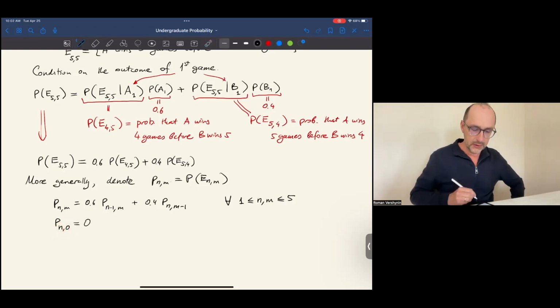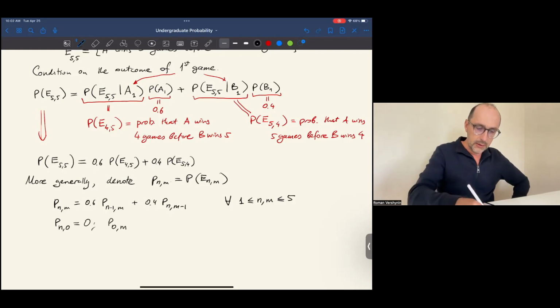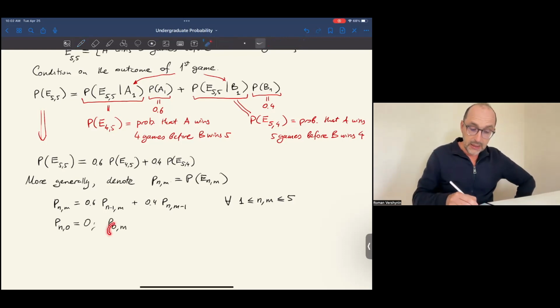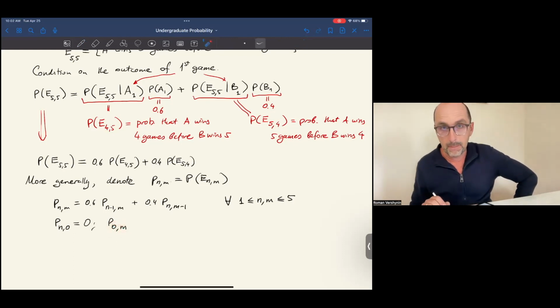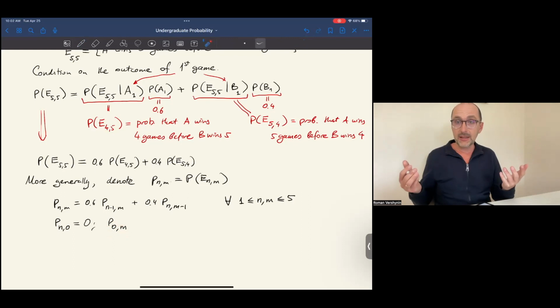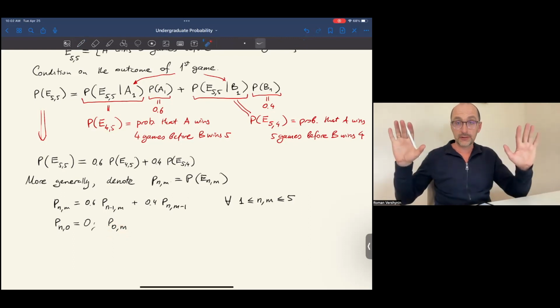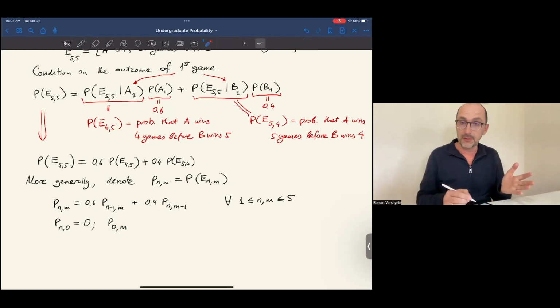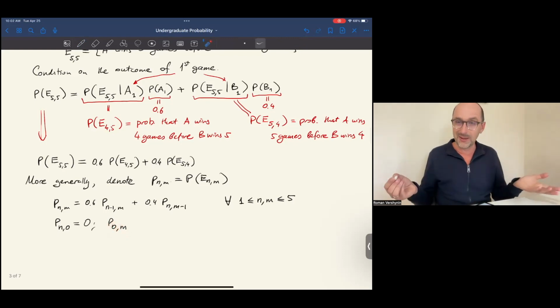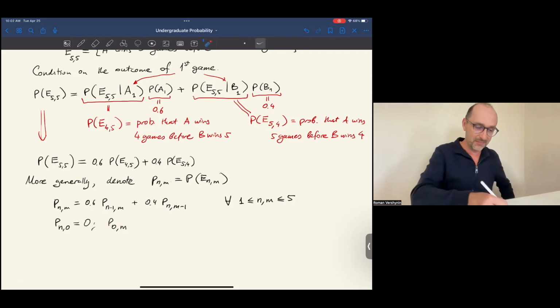So that probability is 0. And what's the probability of P0m? That is the probability that A wins no games before B wins m. Well, in the very beginning, again, the count is 0-0. So this event happened immediately. A immediately has won 0 games, even before playing anything. So that probability is 1.